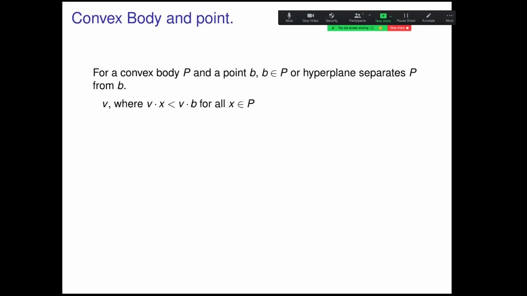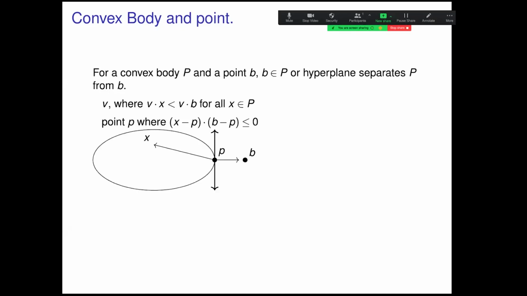Okay, so a hyperplane is sort of, this is what it means. There's a V where V dot X is less than V dot B for all X in P. So again, let's parse this. B is a point, and here's your convex set.